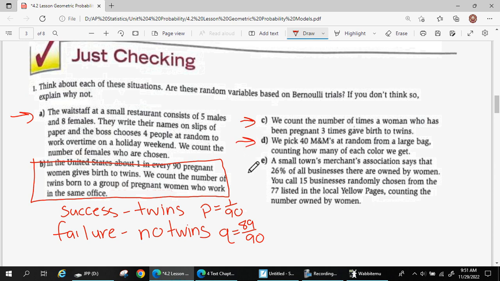In D, there is not just two options. There's more than two colors in a bag of M&Ms. And we will save the discussion for E later when we get further down the line. So right now, the only Bernoulli trial here was B, where we had a success failure where you either had twins or you did not.